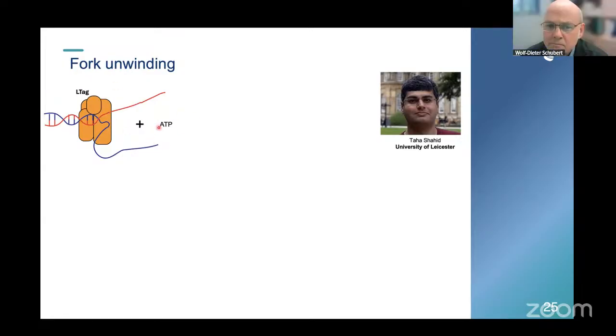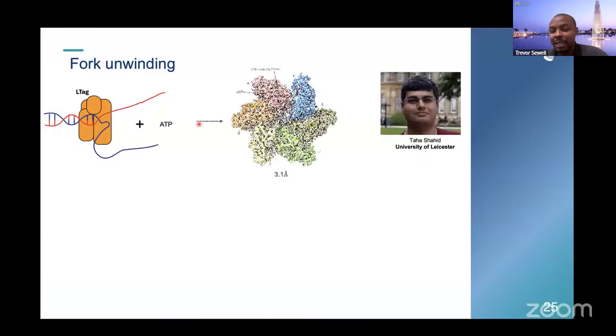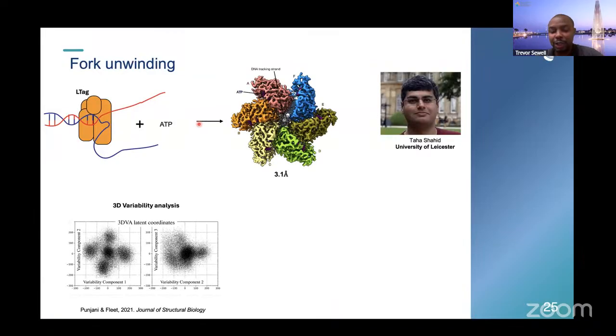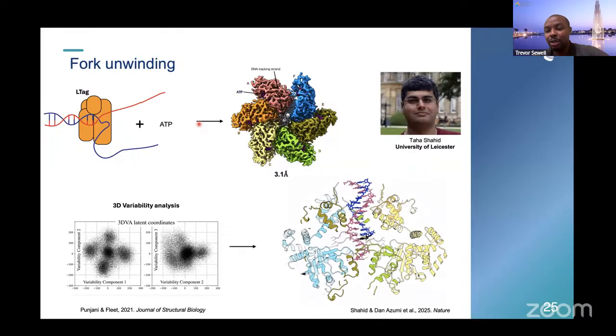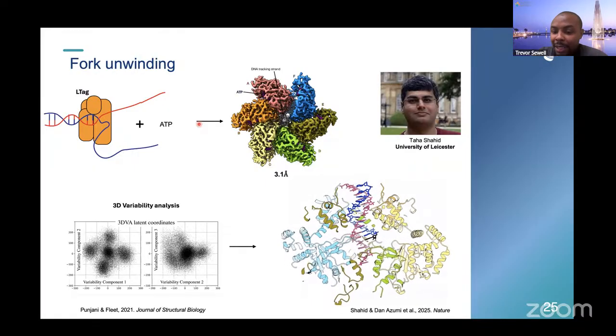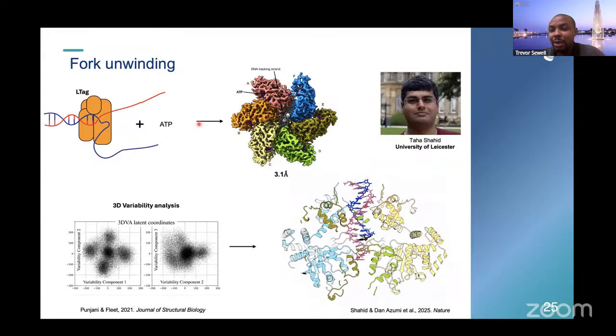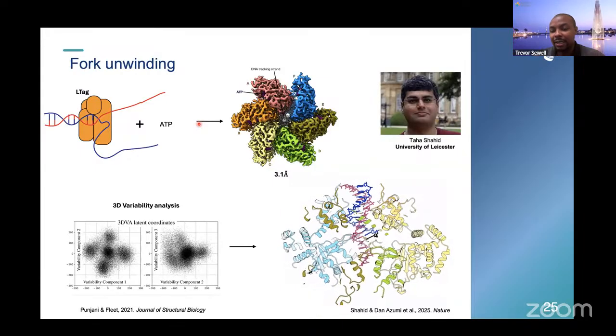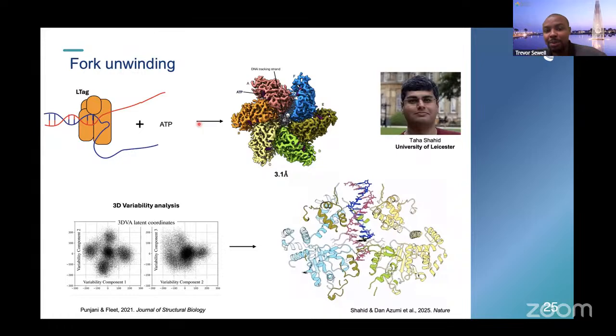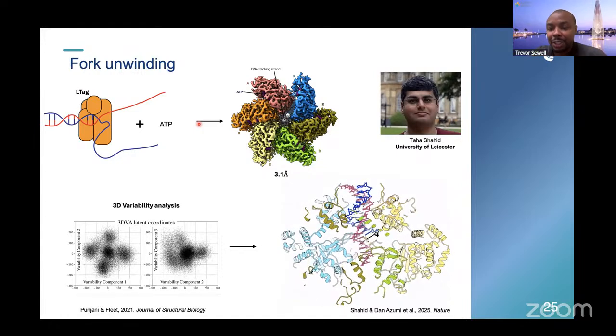And two, he used an active ATP that can be hydrolyzed, such that the protein can translocate. So as the protein is translocating, he decomposed the motion with 3D variability analysis, and then he could reconstruct this movie from that. This is how we got all the different states of the reaction, through substrate and nucleotide manipulation.